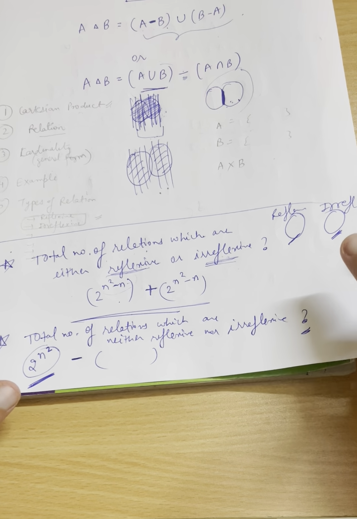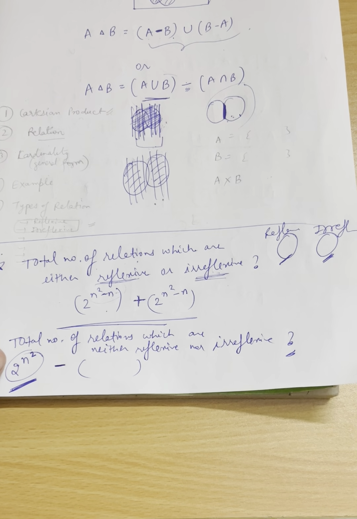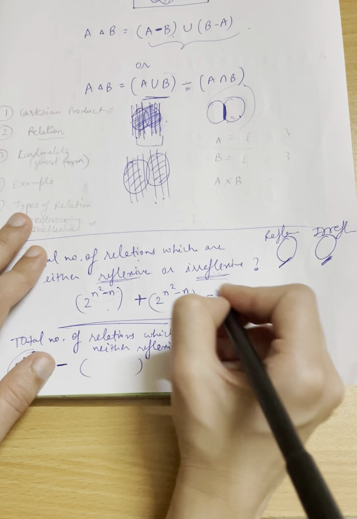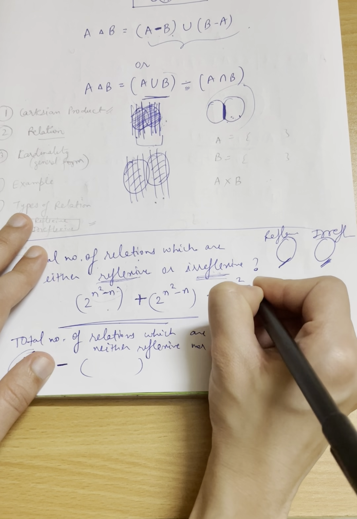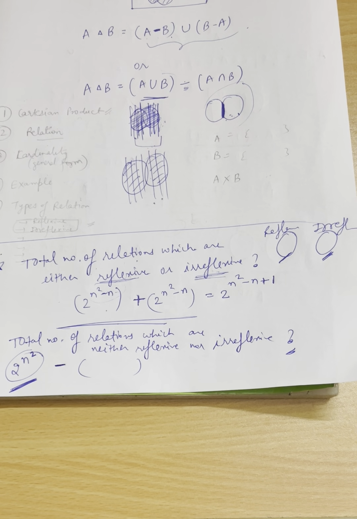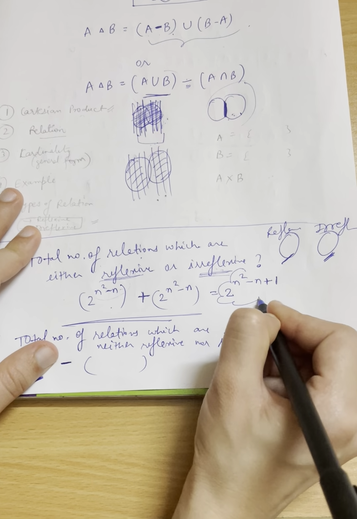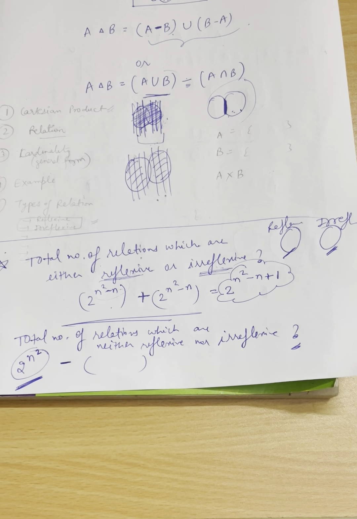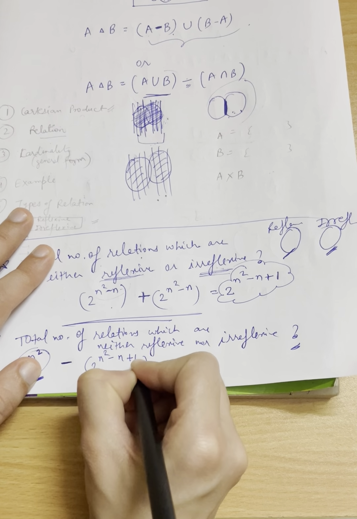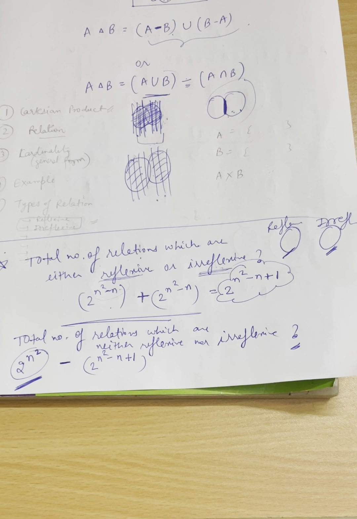Now think about it. If you calculate it, then it is 2 power n square minus n plus 1. So what are either reflexive or irreflexive? These are either reflexive or irreflexive. Now for neither reflexive nor irreflexive, you need to remove those elements. Hope you understand what I want to say.